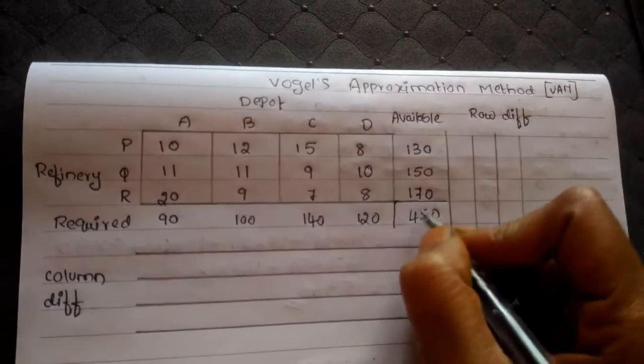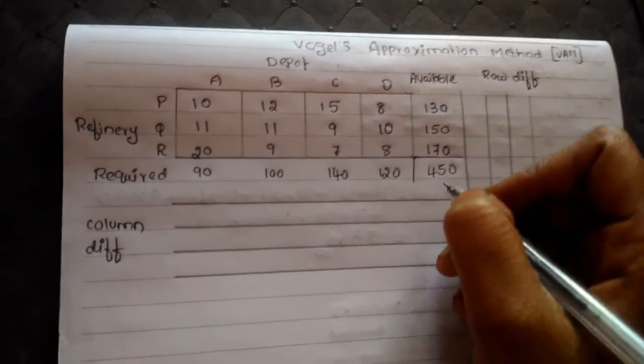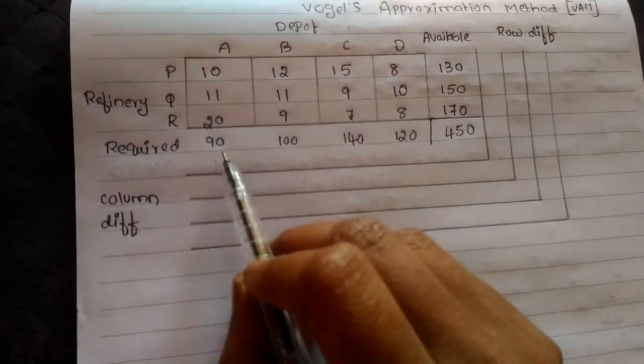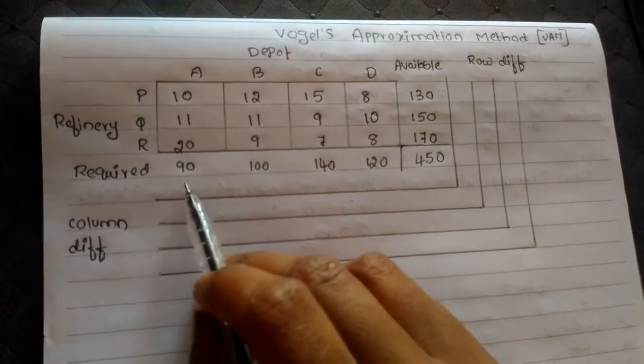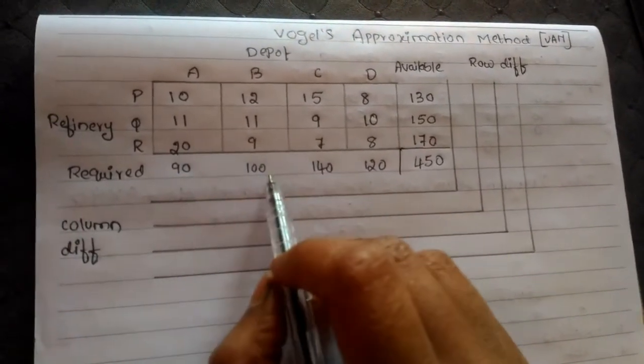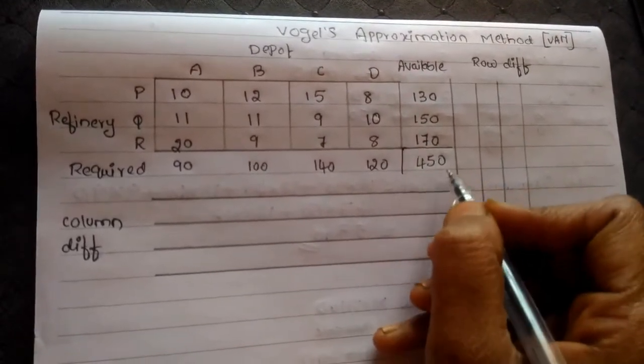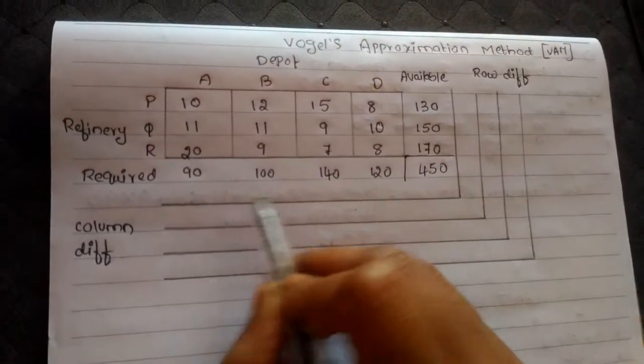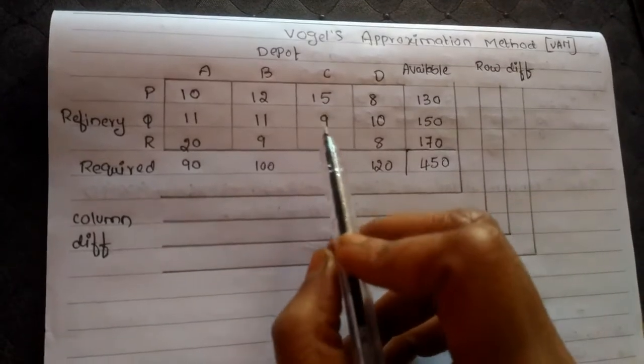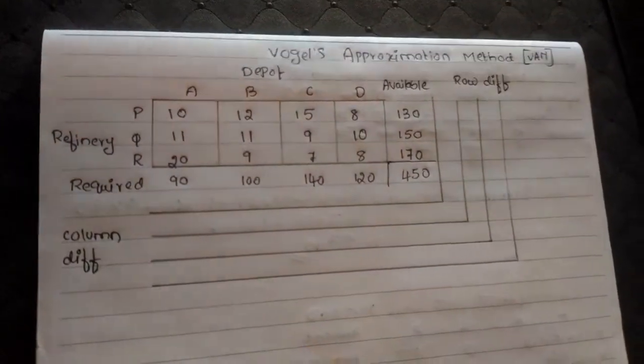For our convenience, I'll just write it so that you don't get confused about the values. Now take the sum of the required, that is the demand, 90 plus 100 plus 140 plus 120. This also gives a sum of 450. With this, I conclude that the given problem is a balanced transportation problem.